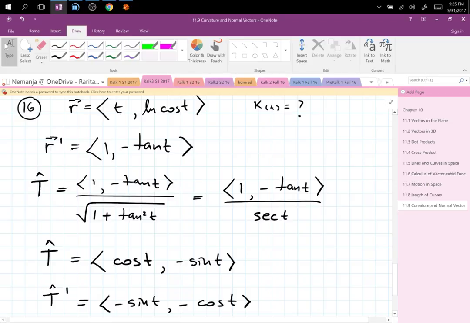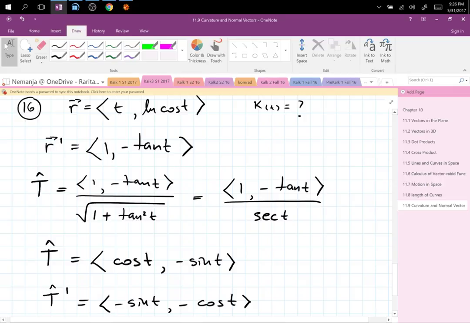When you divide 1 by secant, you get cosine. Sine over cosine over 1 over cosine, the cosine cancels, so you just get negative sine. So t hat is cosine t, negative sine t. The derivative of that is negative sine t, negative cosine t.